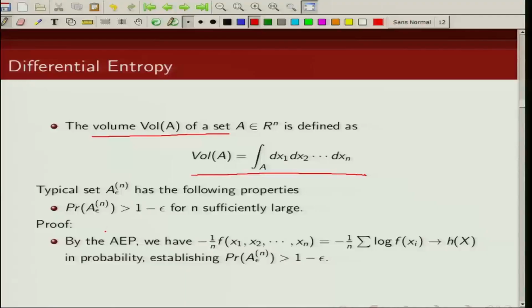Now the typical set has the following properties. The probability of the typical set, for very large n, is greater than 1 minus epsilon. Again this follows from the AEP property, that we know this converges to the differential entropy in probability, and this establishes that the probability of this typical set is greater than 1 minus epsilon.